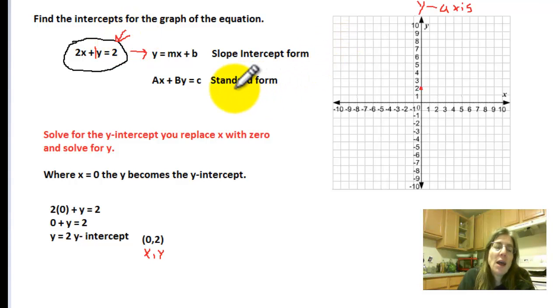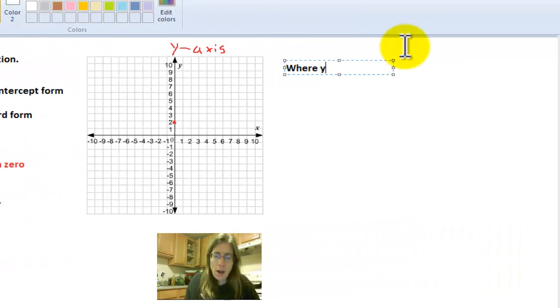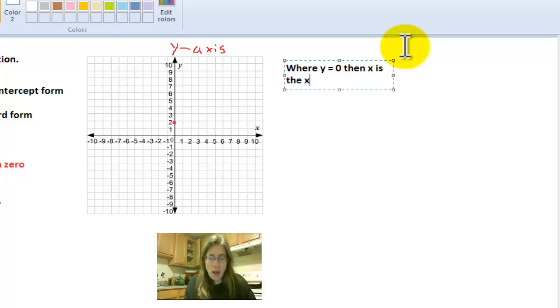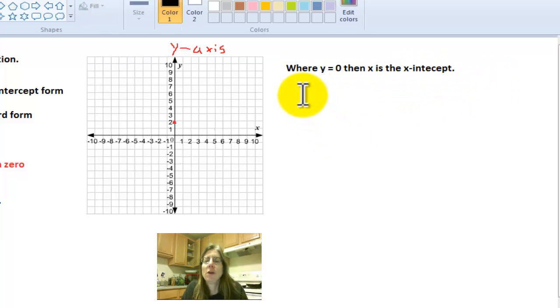So let's find the x-intercept, where y equals 0. Then x is the x-intercept. And we don't have to be changing this equation again.